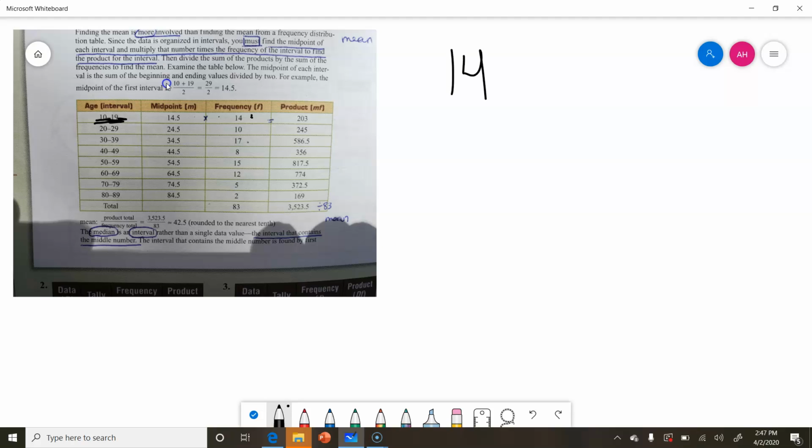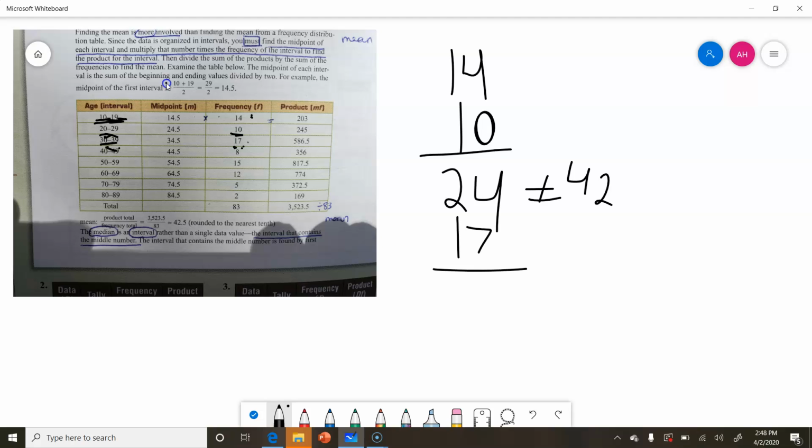We take the frequency of the second one, 10. We add them together. We're trying to see which one will have 42. So what are we at after 2? We're only at 24. Is that the 42nd? No, we're not there yet. So let's keep going. Let's add the 30 to 39 range, which is adding 17. And I get 41.